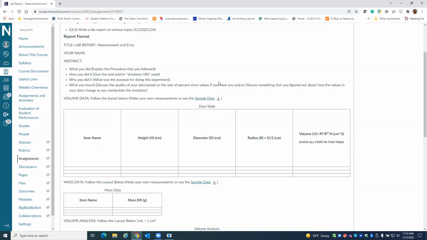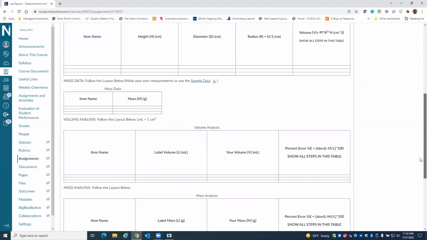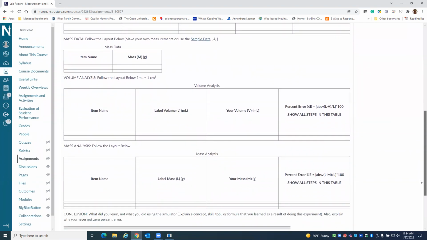Because a key aspect of science is reproducibility. You want to give sufficient detail so that you could walk outside your house, hand the first person you see your lab report, and they would be able to complete this experiment. And so we went through all of the sections of the lab report that you need to write.